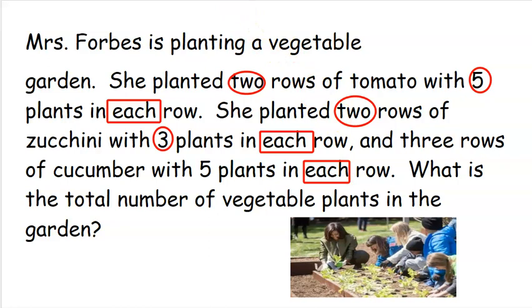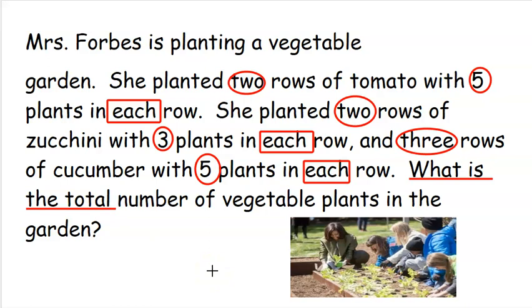And she planted 3 rows of cucumber with 5 plants in each row. What is the total number of vegetable plants in the garden?